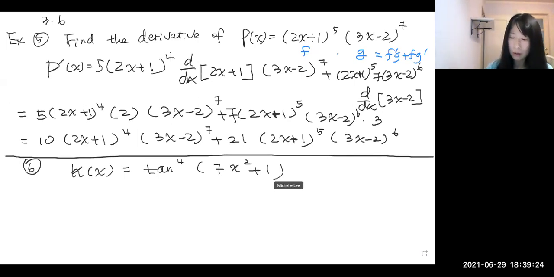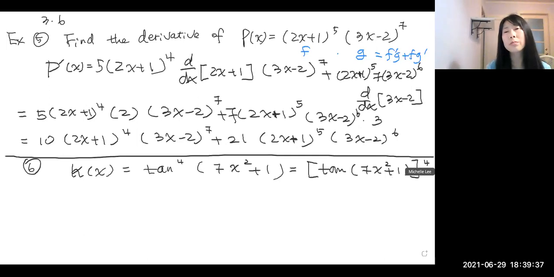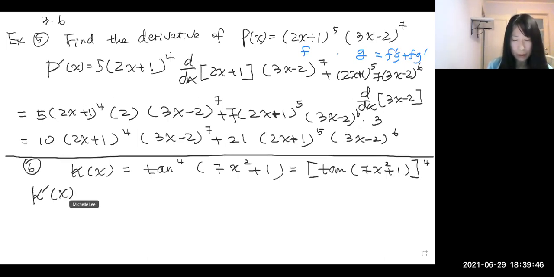Once again, if we see this one, this is the same as tan of (7x squared plus 1) to the 4th power. Okay, and we do the derivative, k prime of x, what do you get?